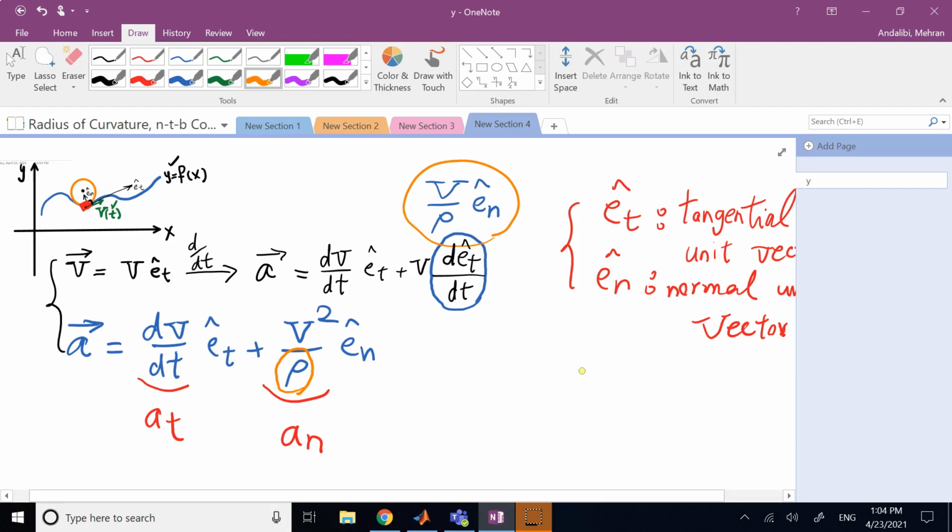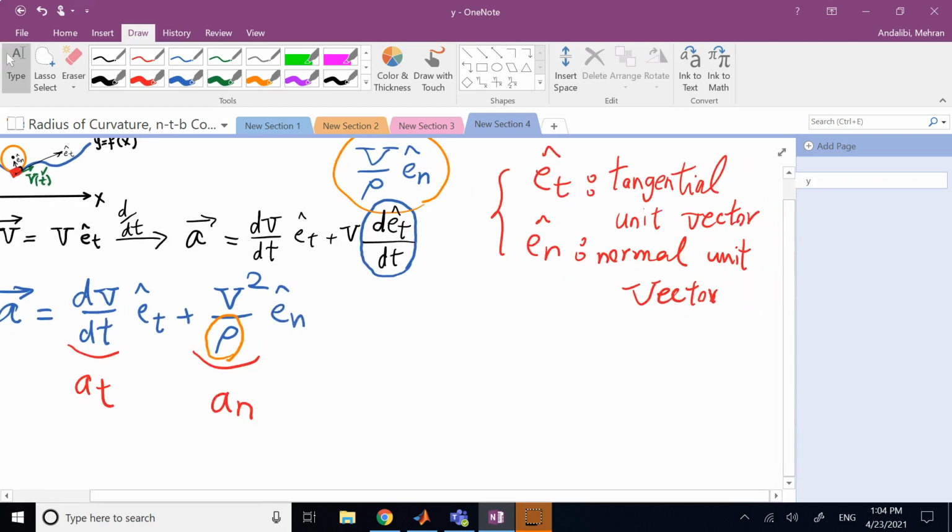And then I might show you why this new coordinate frame can make life easy if you use it instead of, let's say, Cartesian coordinates. As I said, there is a third unit vector. We call it EB, and we call this the binormal unit vector.